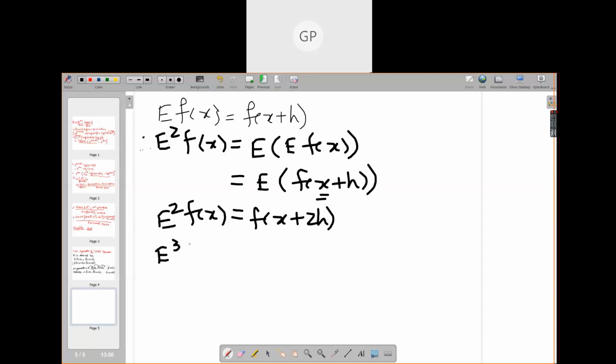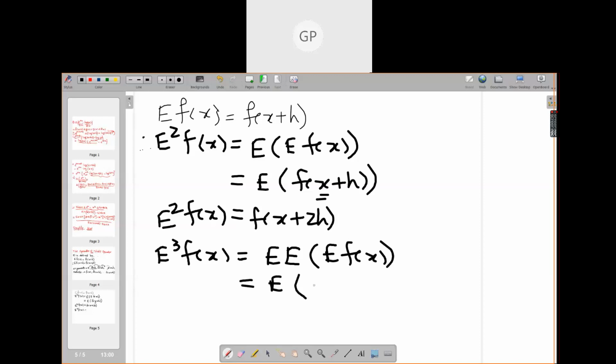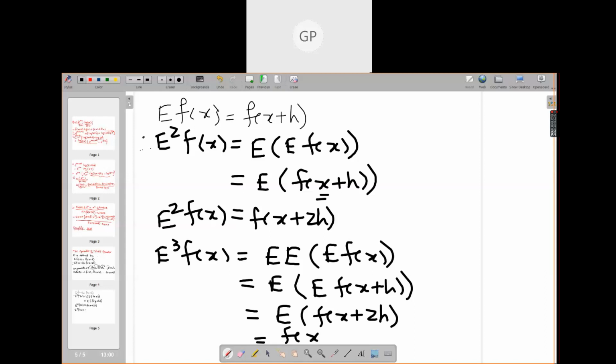Now can you find E cube fx? What should be E cube fx? It is E applied 2 times on E fx, right? So one by one you can put it inside. E f of x plus h. I put the second outer E inside here, and this will be E applied on f of x plus 2h, and that is nothing but f of x plus 3h.